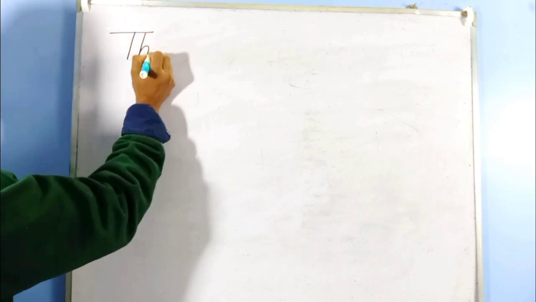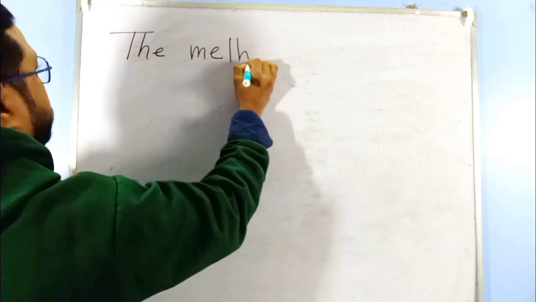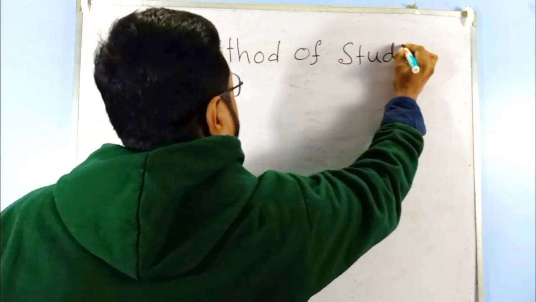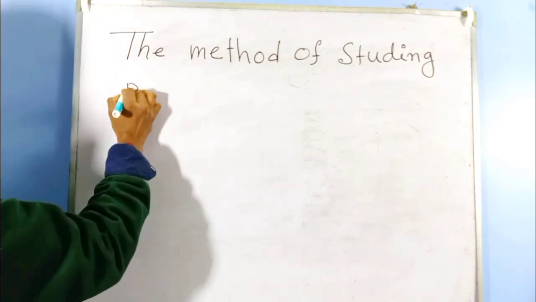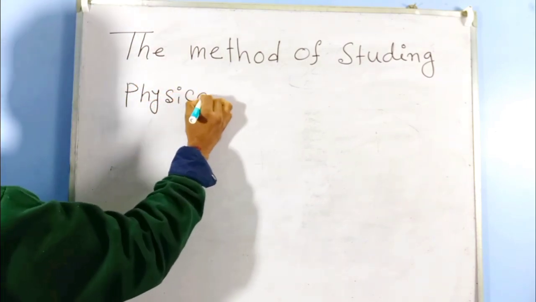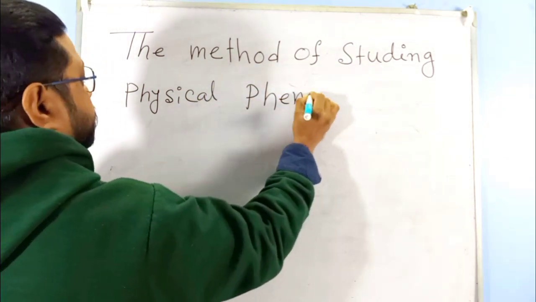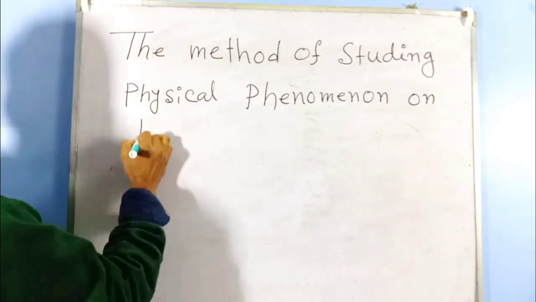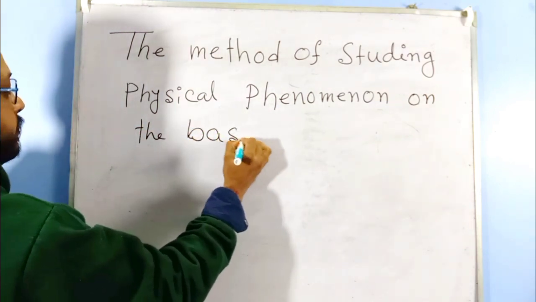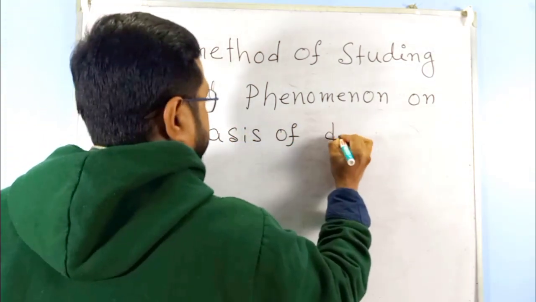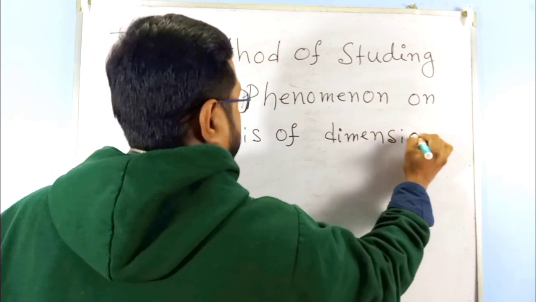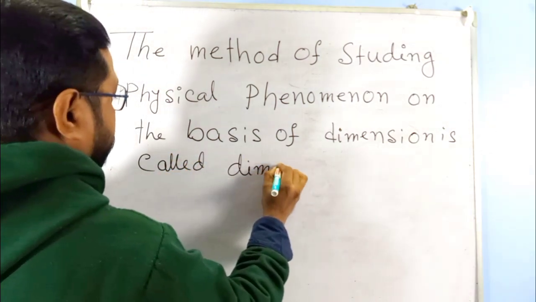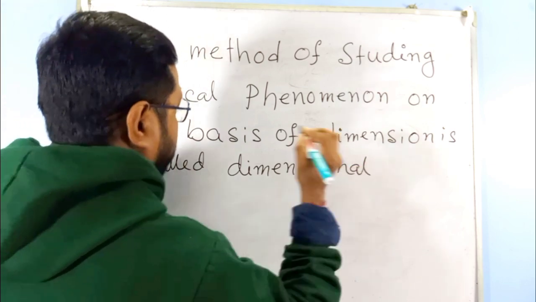The method of studying physical phenomena on the basis of dimension is called dimensional analysis.